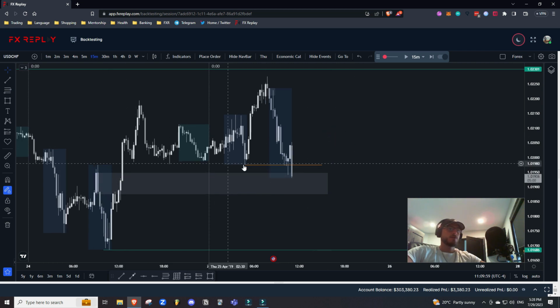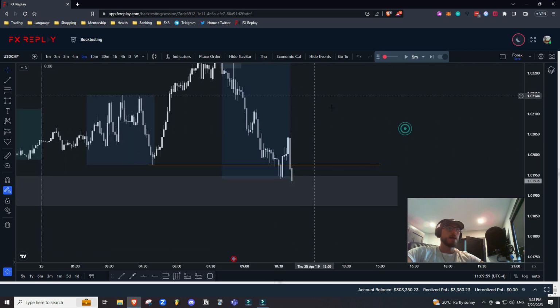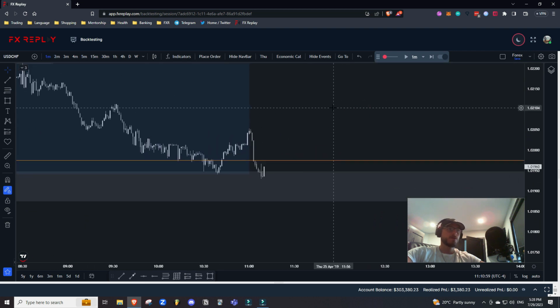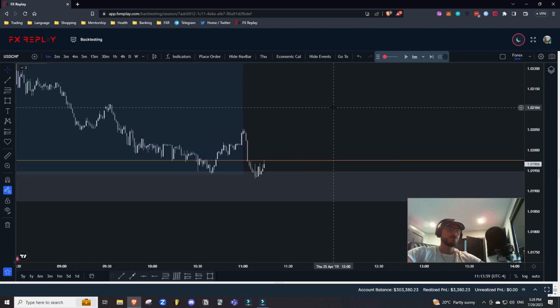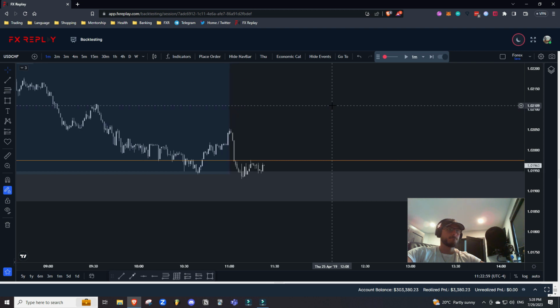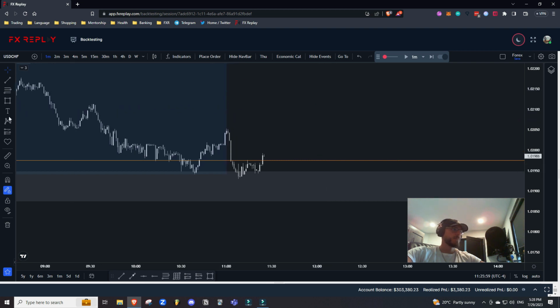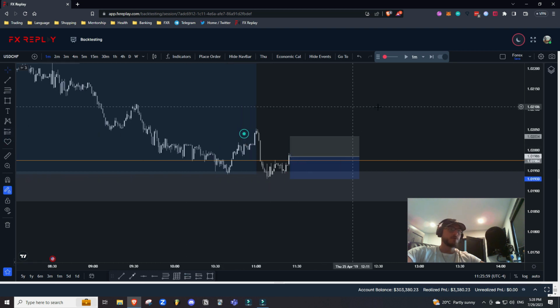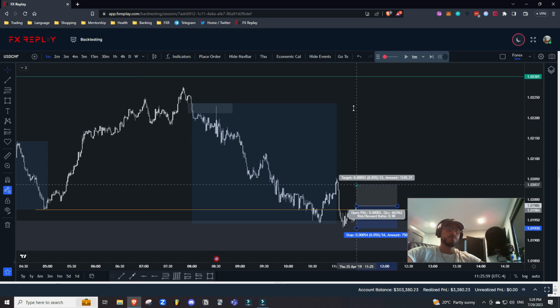In this breaker below London low, looks like we could get a rally back up through this. I just want to see here if there's going to be an opportunity to do so. Okay, so right here, I think this fair value gap could be the play here, and we could be going up into this high.